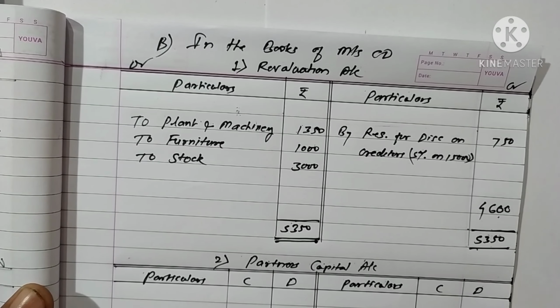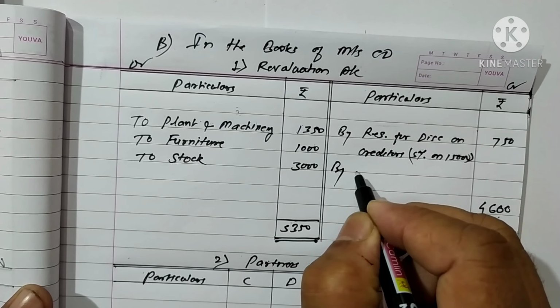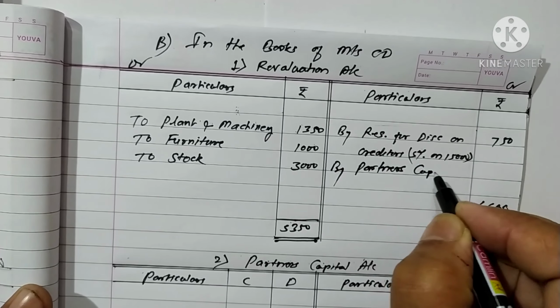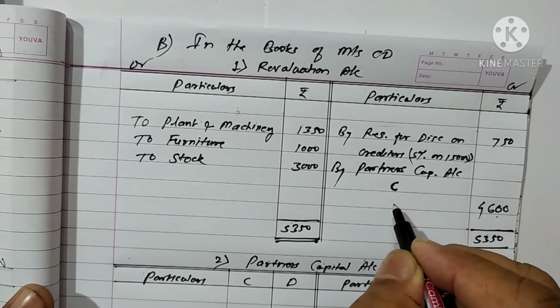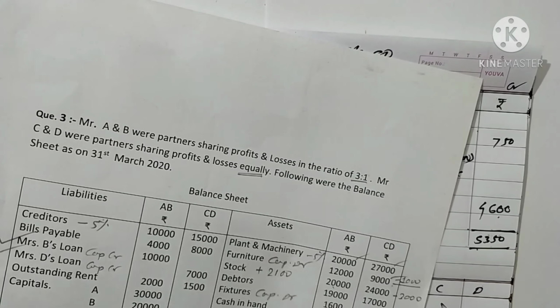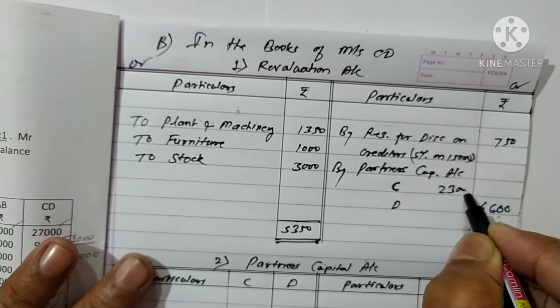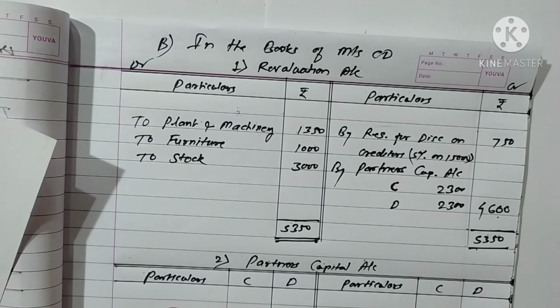Rupees 4,600 is the loss. It is revaluation loss transferred to partners capital account. Partners are C and D. Ratio is equal. We have to divide 2,300 and 2,300. It will be transferred to partners capital on debit side.